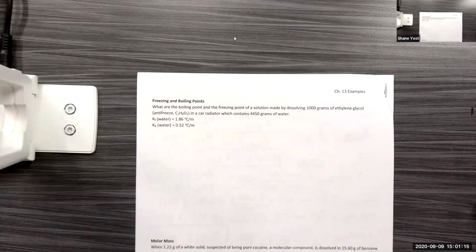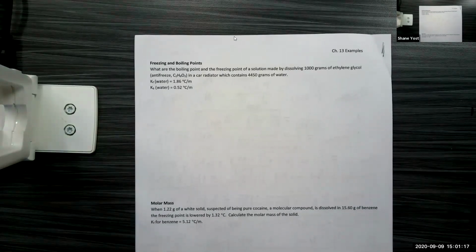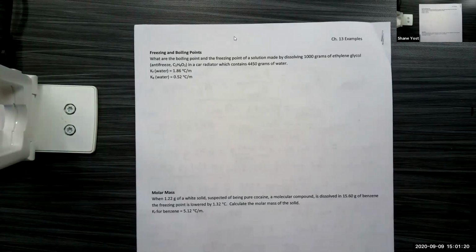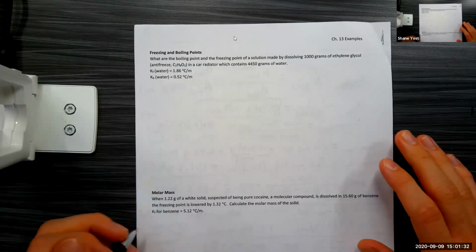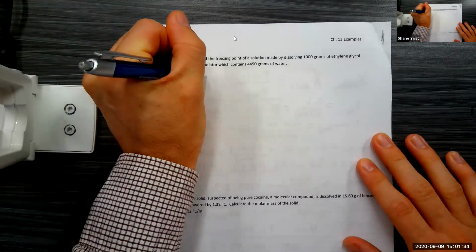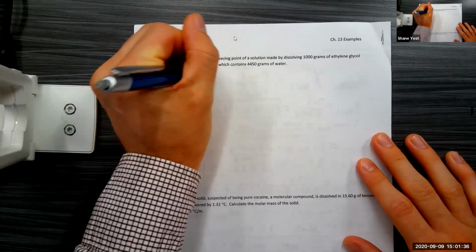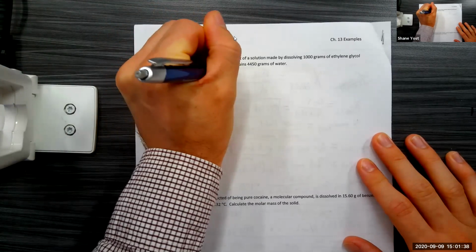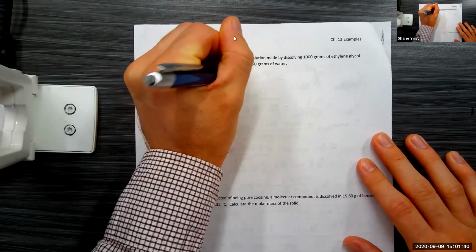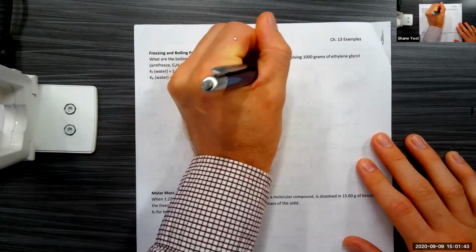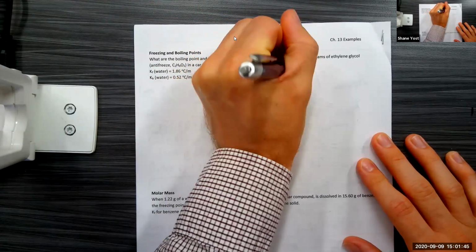So I'm just going to swap over here, because the question's also written out, this example problem. All right, so let's write out the relevant equations here, the freezing and boiling point changes.